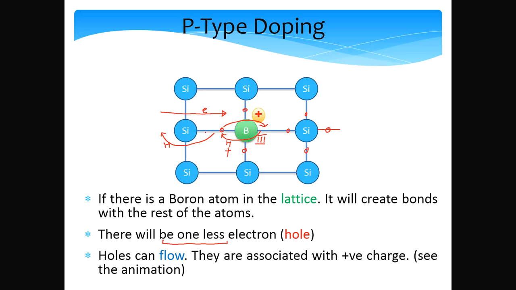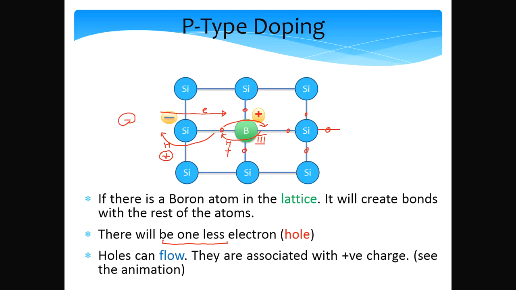For example, if I apply a strong negative charge, that will repel electrons away from it. So the hole can then flow towards the negative terminal, which essentially means electrons are flowing in the other direction and the hole is flowing towards the negative terminal. So we can think of the hole as conceptually associated with positive charge.